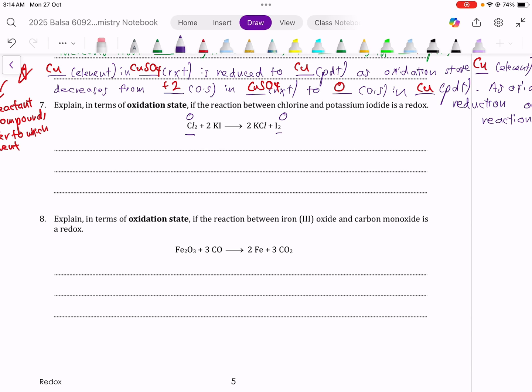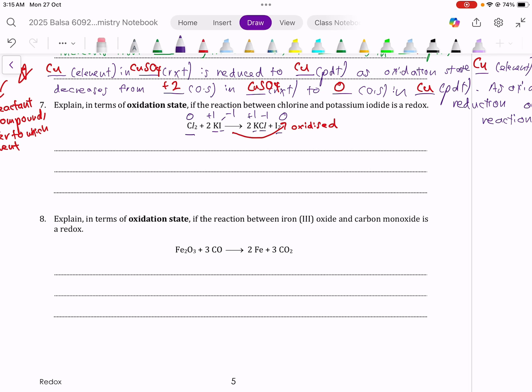Then down here I have potassium, group 1, that's +1, iodide is -1. If you are sharp you'll notice that this one's oxidation state increases, -1 to 0, so it's an oxidation process.